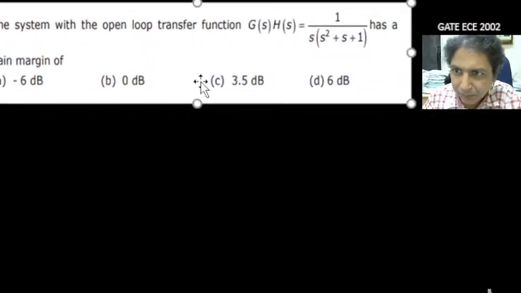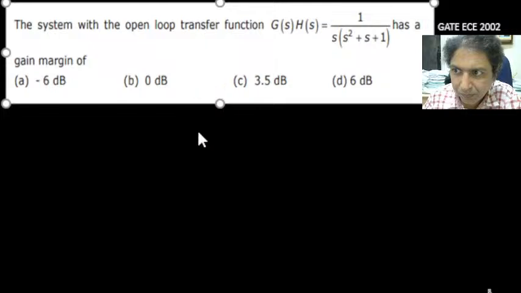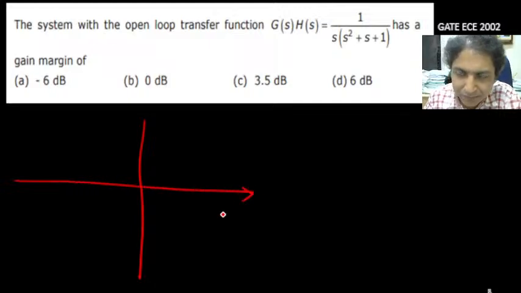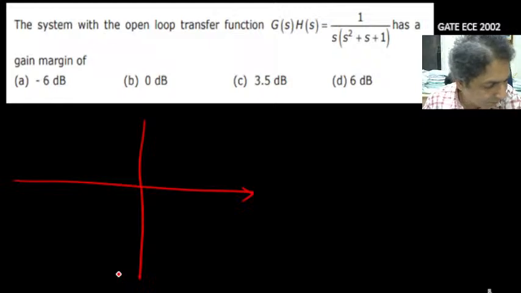So already we have seen that in Nyquist plot, the main important concept is the polar plot, whether it is enclosing the -1 j0 point or not.